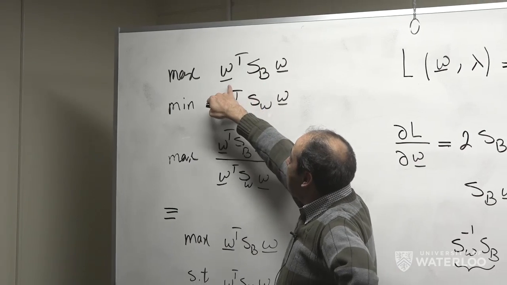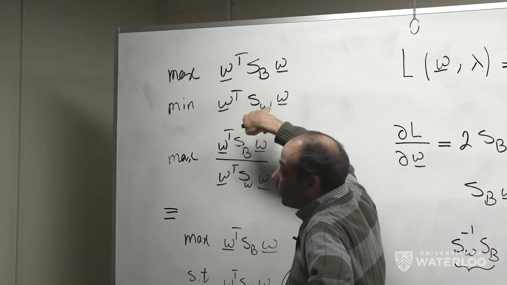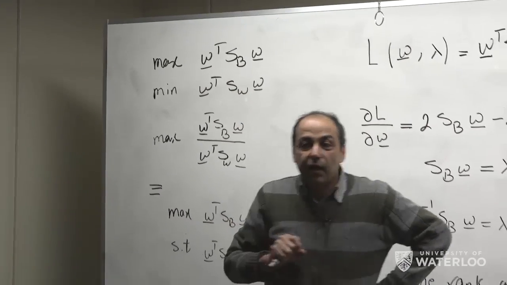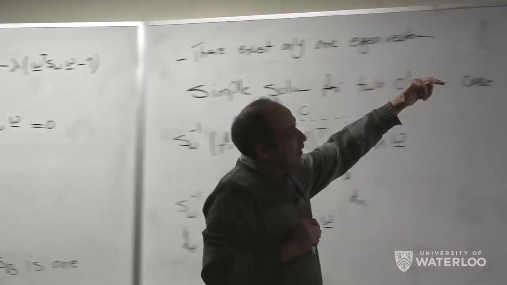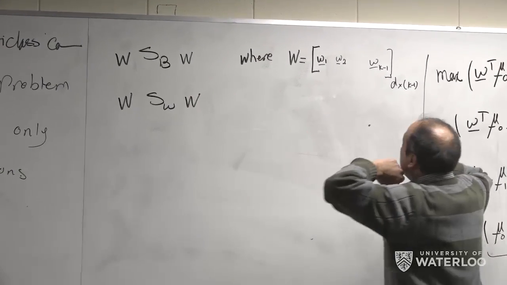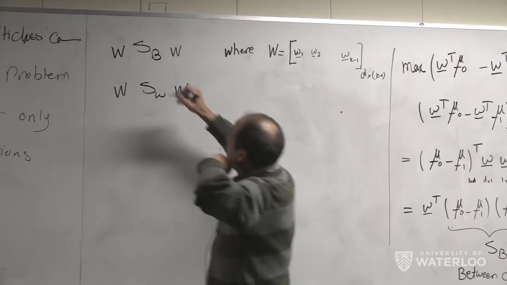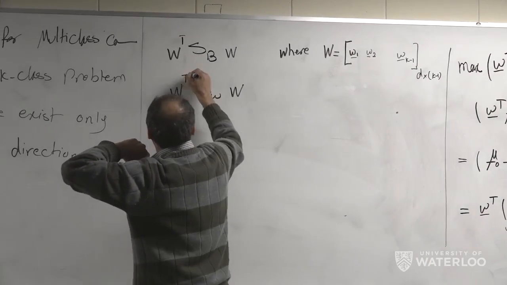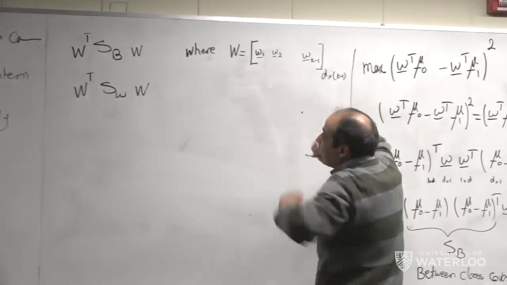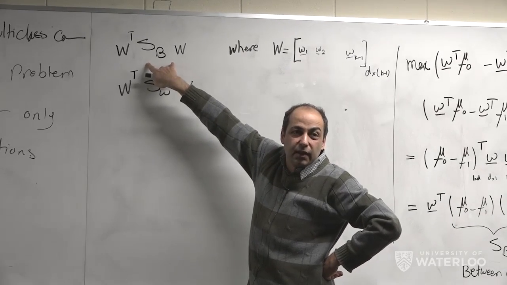When W is a vector, W transpose SB W is a scalar, and W transpose SW W is a scalar. When I have a matrix here, then, sorry, it's transpose, this quantity is not going to be a scalar, right?